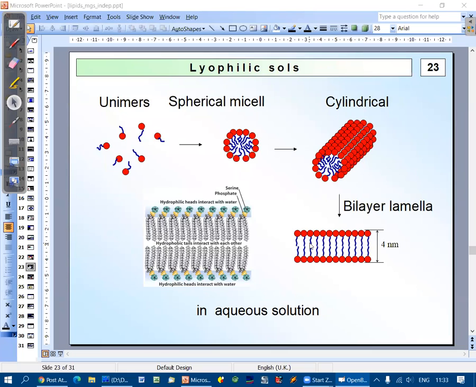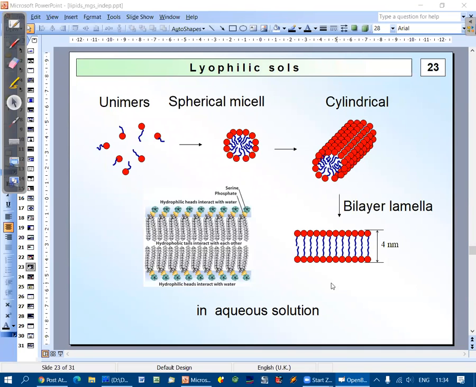Such structures of colloidal surfactants are widely used in scientific research because it's a model of cell membrane, and colloidal surfactants are used in the research devoted to properties of cell membrane.